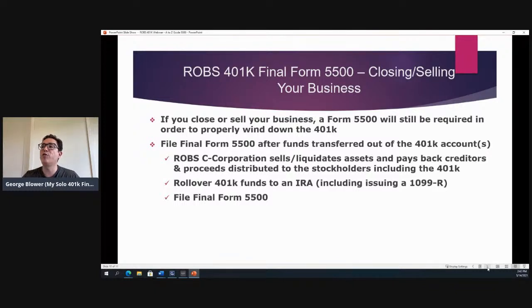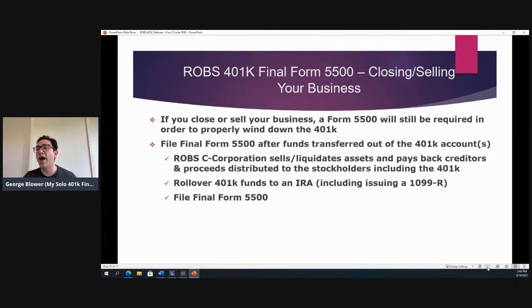After the company is sold or liquidated its assets, paid back creditors, and then distributed the proceeds to the stockholders, which is going to include the 401k, then the 401k can roll out all of the funds so that there's no more funds. For example, roll over the funds to an IRA, which of course would require that a 1099-R be issued to report that rollover.